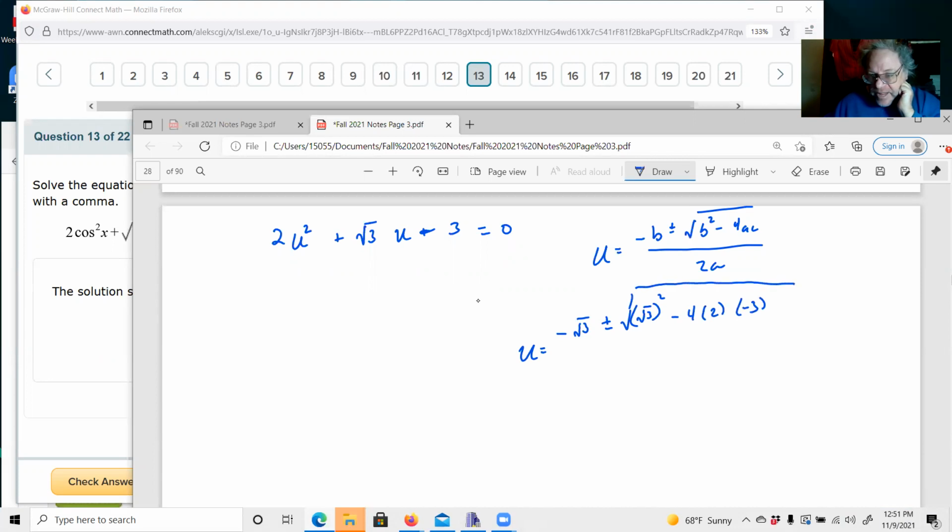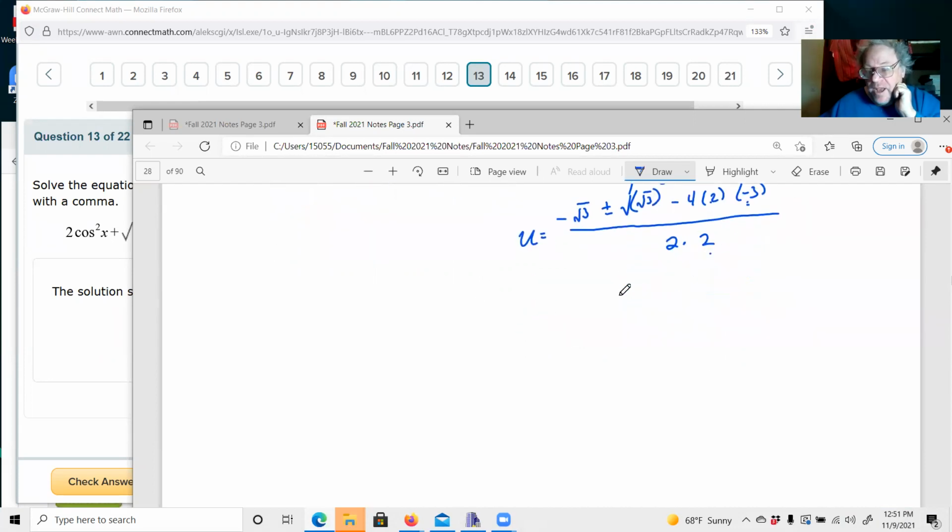If you're going to make a mistake, that's right there. Make sure you use the correct sign on both the a and the c values. Okay. The next place you're going to make a mistake is that it's all over 2 times a. Okay. Those are the two places. The most common mistakes made by students, made by everybody, is not getting the sign here and not doing the 2a down here. Okay, so be really careful about that. Follow your formula. If you have that correct, chances are you're going to get the rest of this just fine.